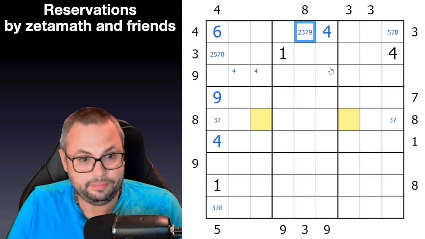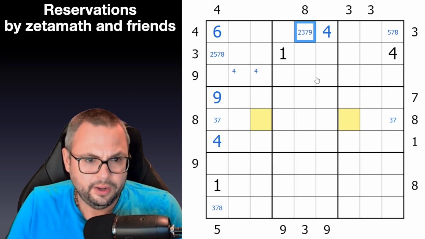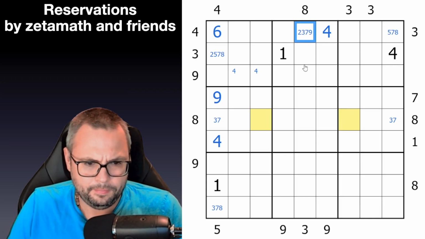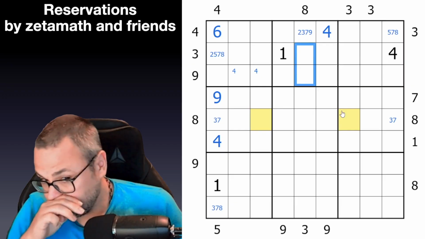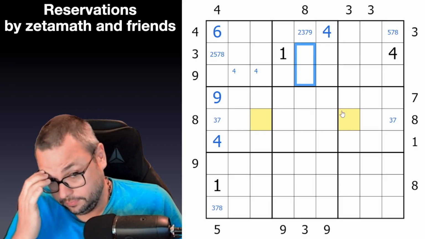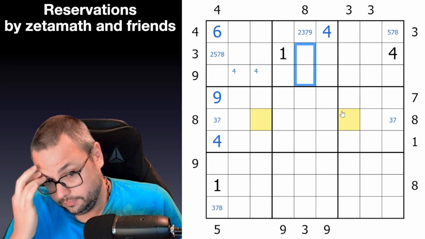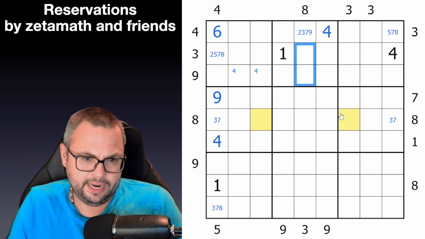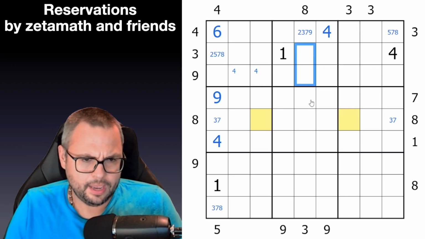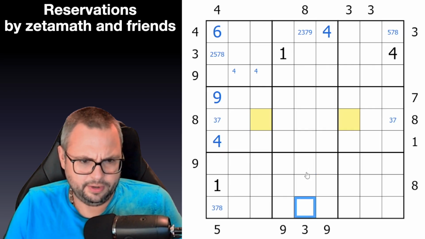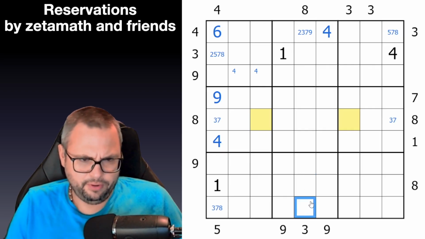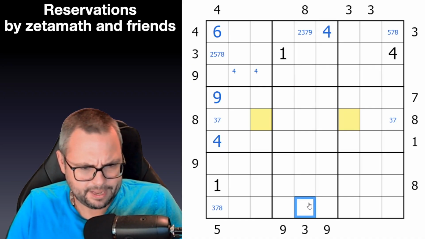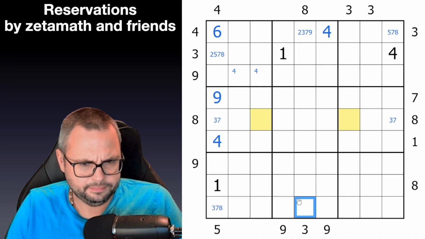It can't be an 8 because it would be an 8 on an 8 clue. Let's see. Two or 3. 7 or 9. I think all of those seem okay to me, as best I can tell.